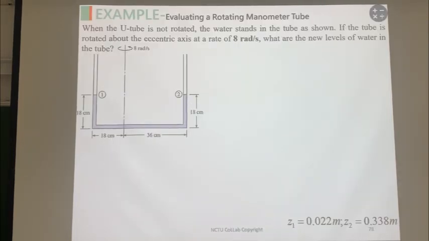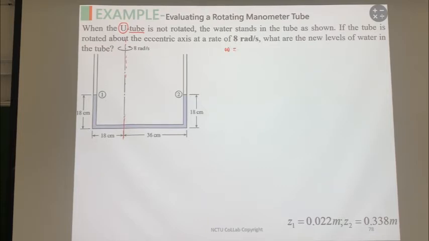Okay, so this is the experiment next semester. So it's the final page. In that example, the rotation axis is here, not in the center. So we have a U-style tube, and what is the question we need to answer?